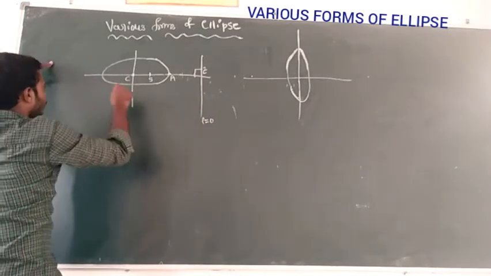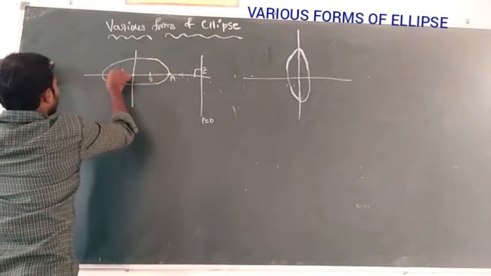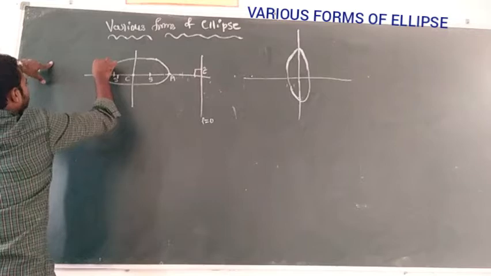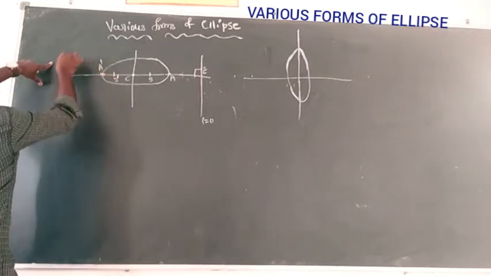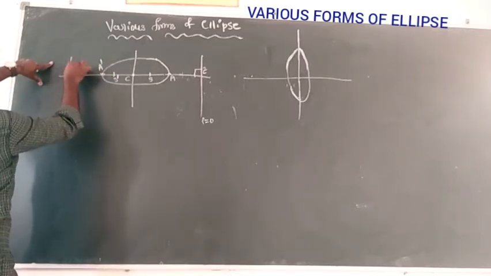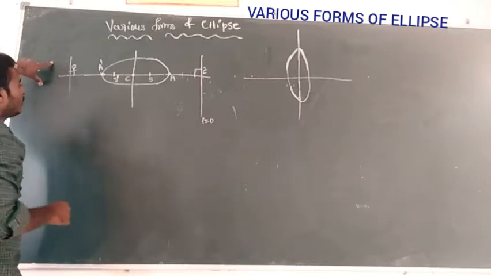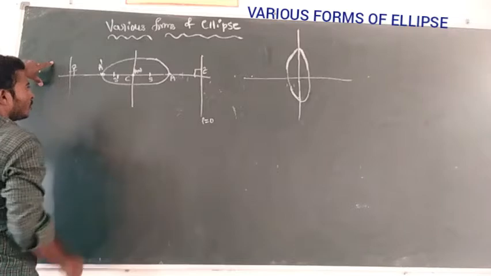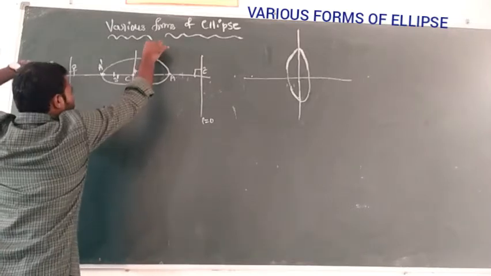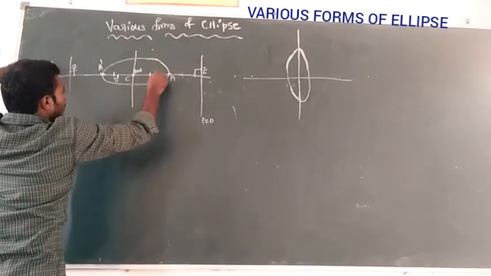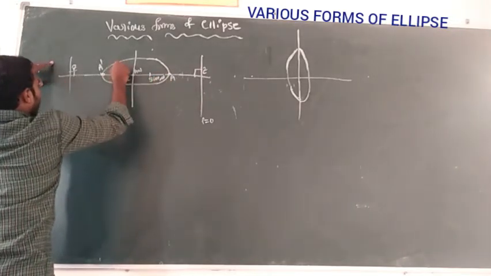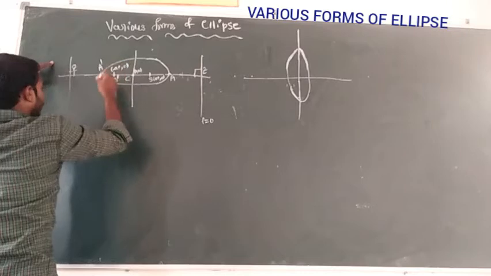Here is another focus S dash, another vertex A dash, and foot Z dash. The center is 0 comma 0, and the foci are AE comma 0 and minus AE comma 0.